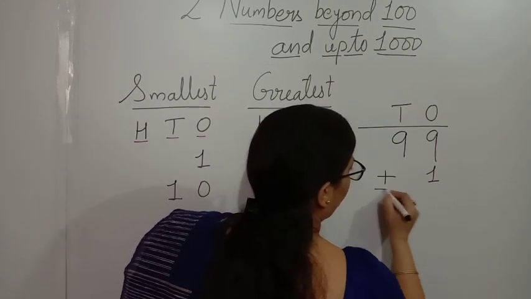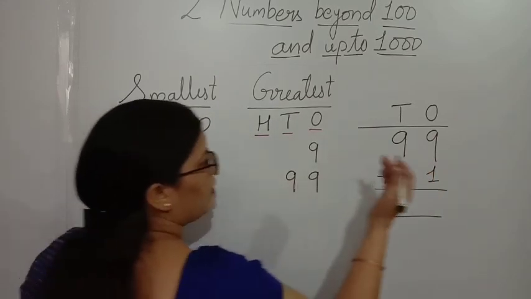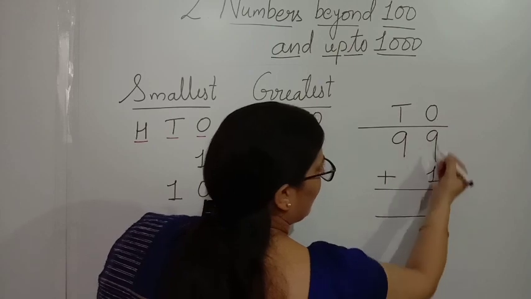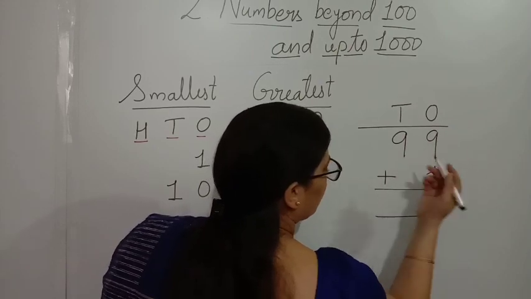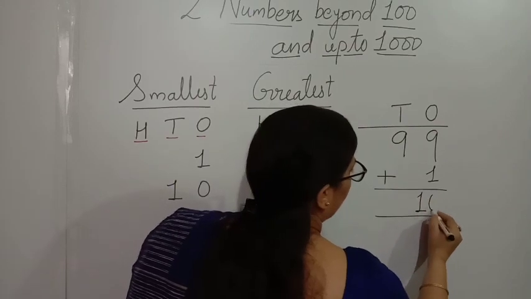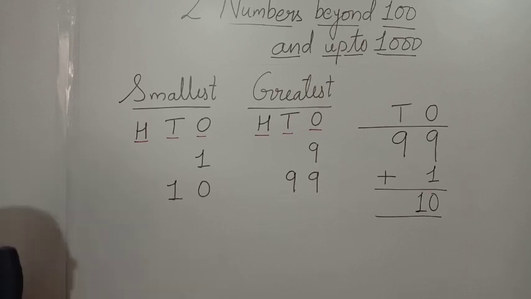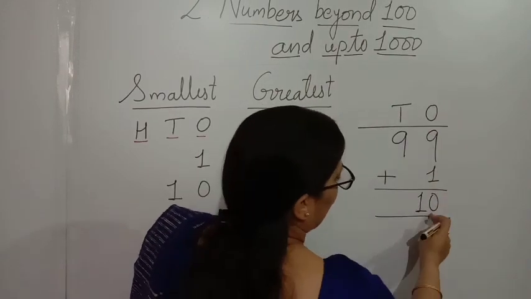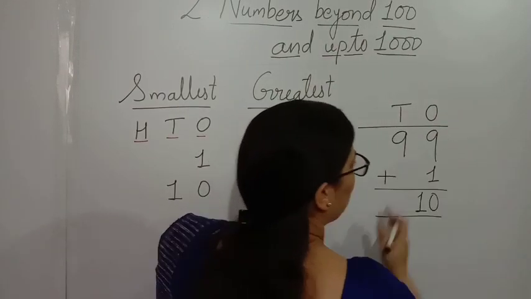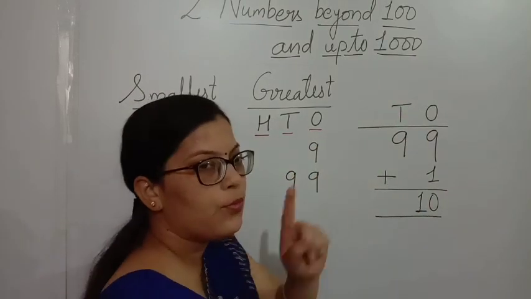You also know that when we add numbers, we begin from the ones place. So here we first add the ones place. 9 plus 1. What is 9 plus 1? It is 10. But here at the ones place, or at any place, the place can have only 1 digit.